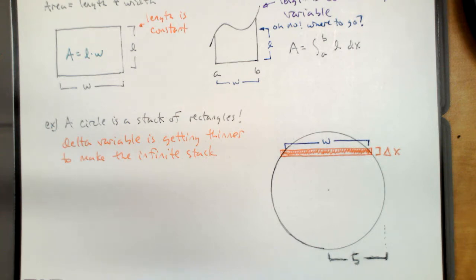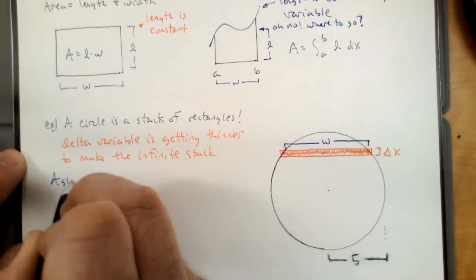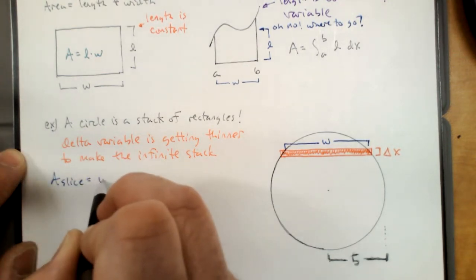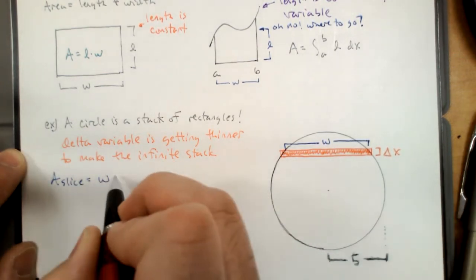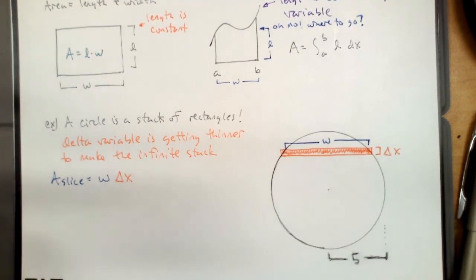So now I'm going to write down the area of this slice. It's just the width times delta x, where delta x is the height.